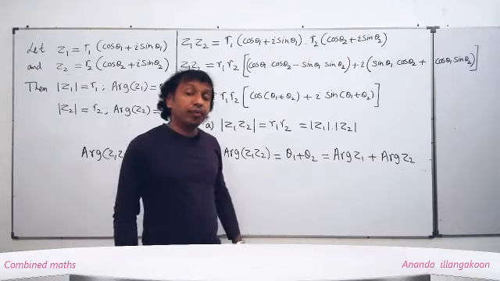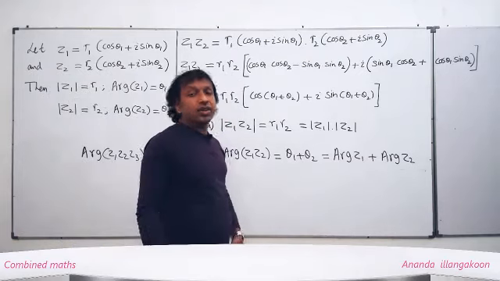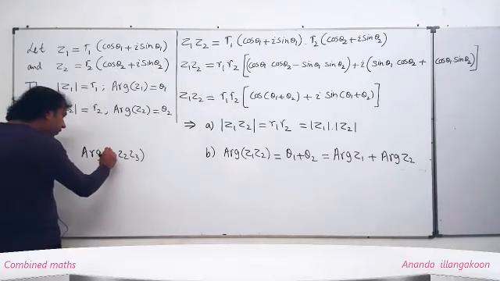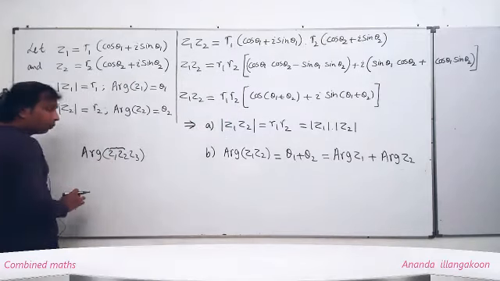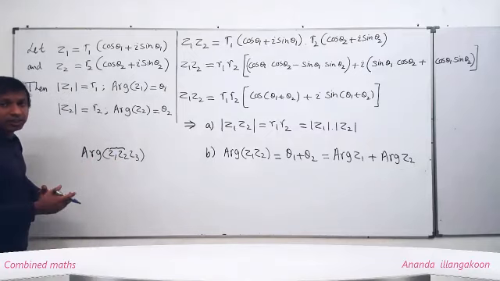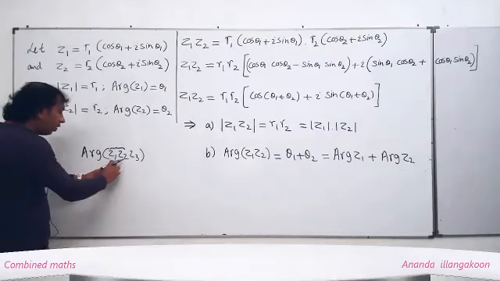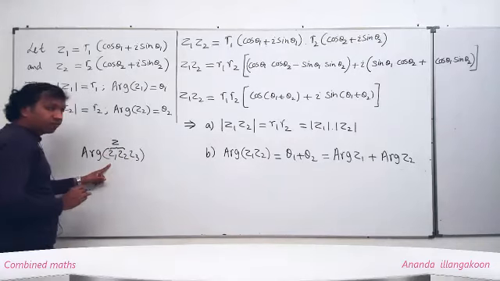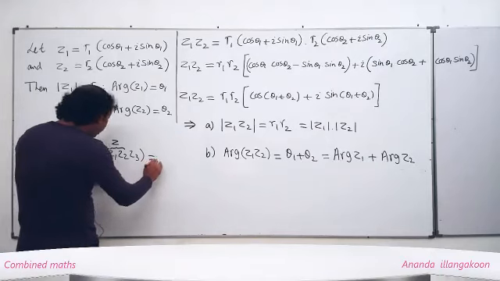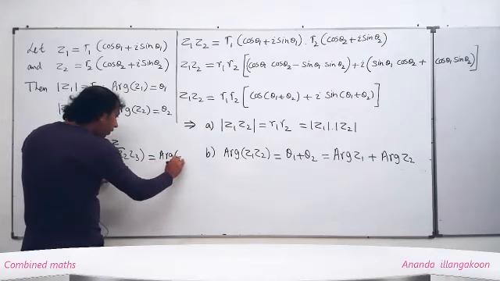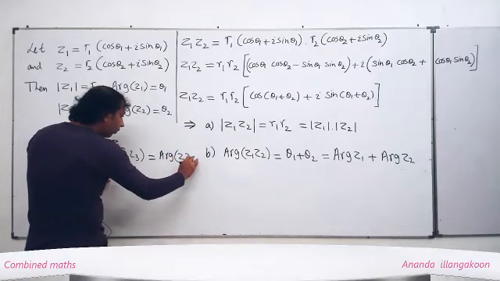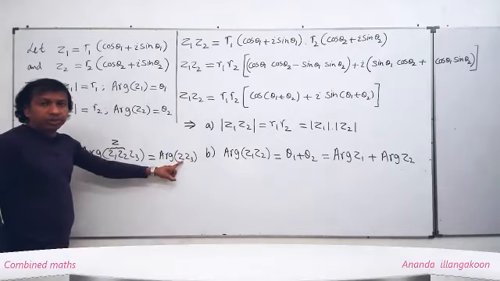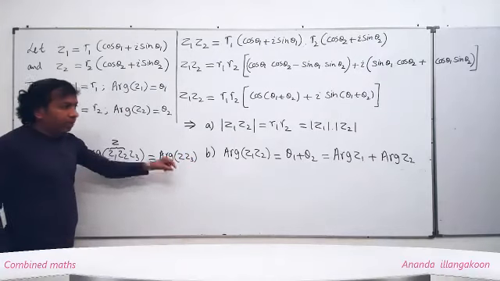Why? We can prove this by using induction. Z1 and Z2 product gives one complex number. If we assume it as a single complex number Z, then within the bracket we have Z and Z3. Here we have only two complex numbers in the product, so you can apply this result.